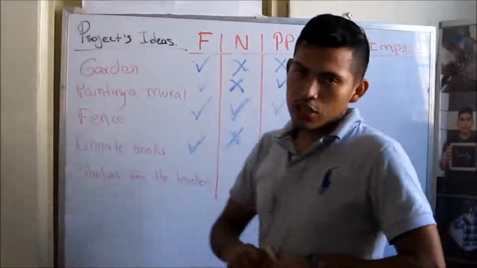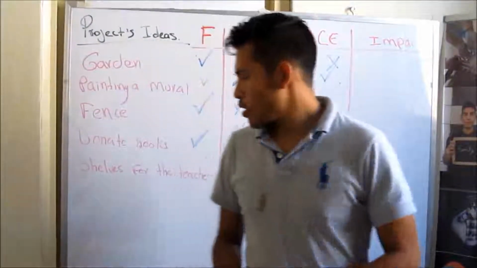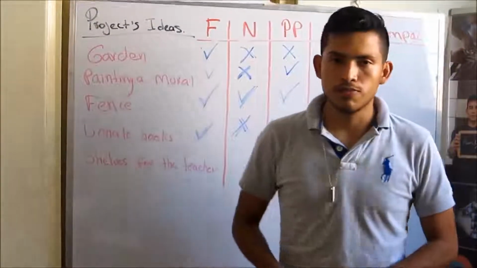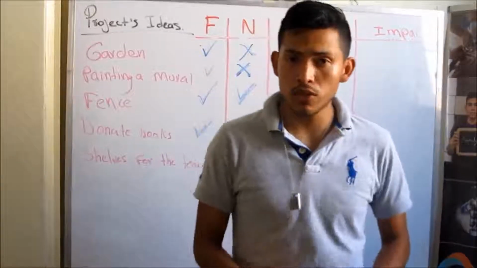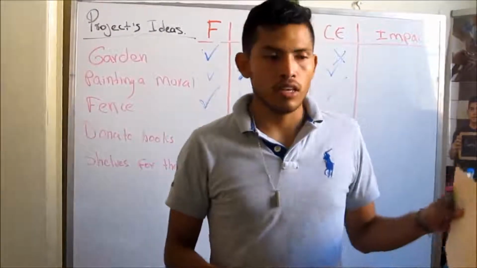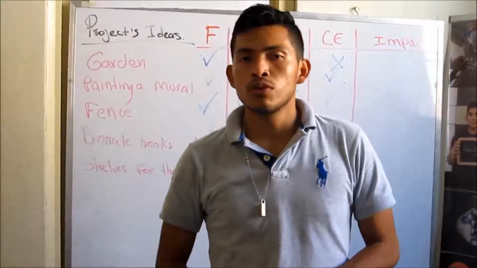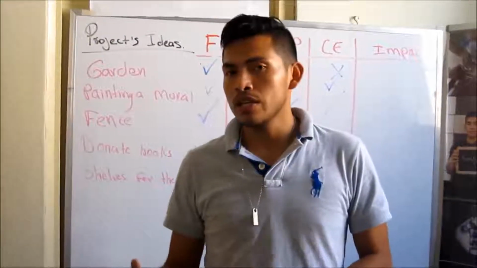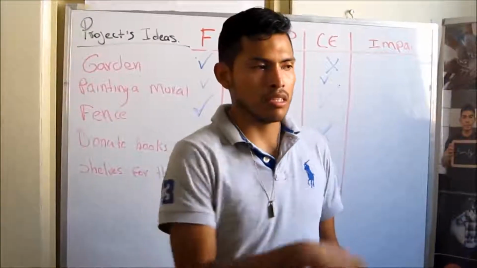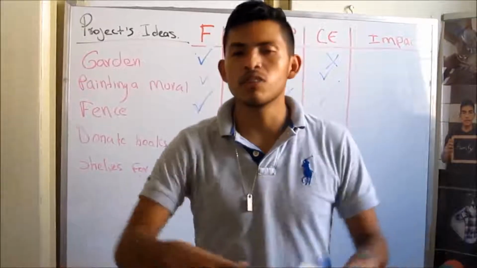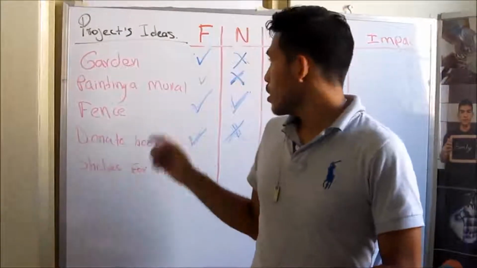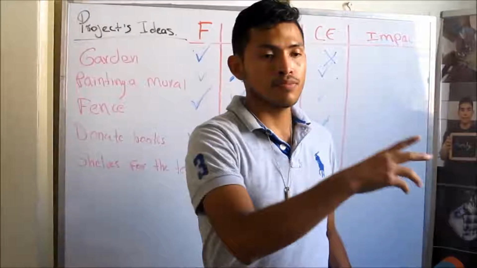Okay. Let's go with the next one. We go with shelf for the teachers. This shelf will be for the materials that they're gonna have, for the stuff that the teachers use. Remember that this is a multi-grade space, so that means these kids are all in the same room. So I don't know. Do you think it's something that we can do?